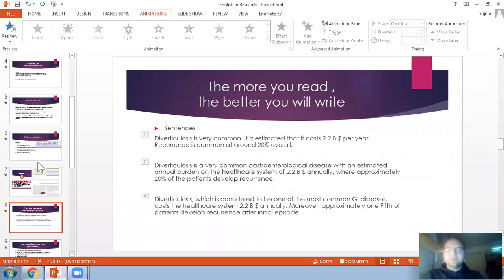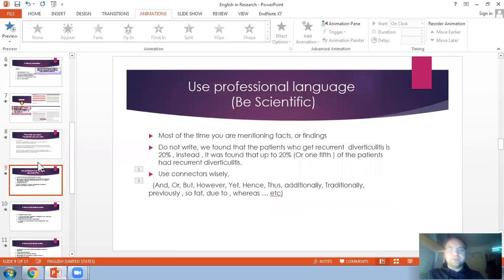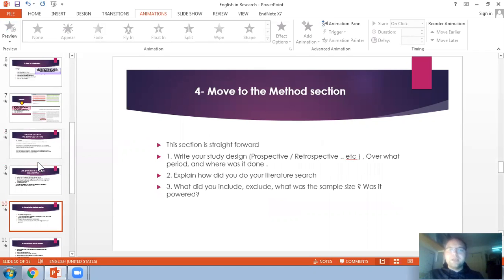We said that choosing the way you write enhances the experience of the reader and makes it nicer, and it may sell in a nicer, higher impact journal. Always be professional and scientific in your language, and then move to your method. State clearly how you did it, what the study design is, and what you've included and excluded.